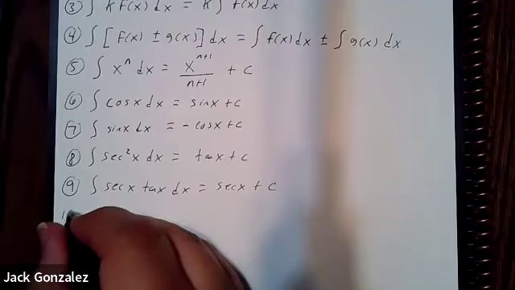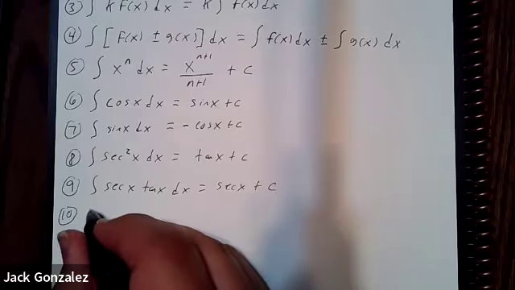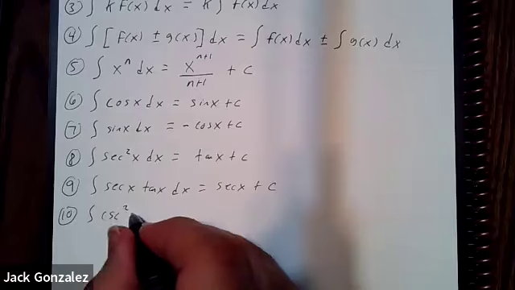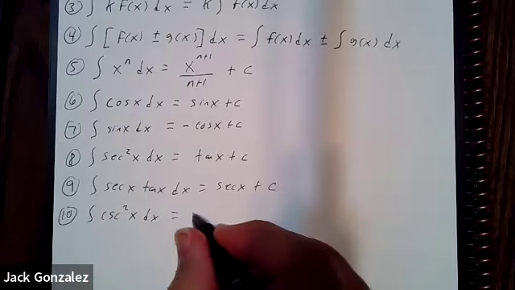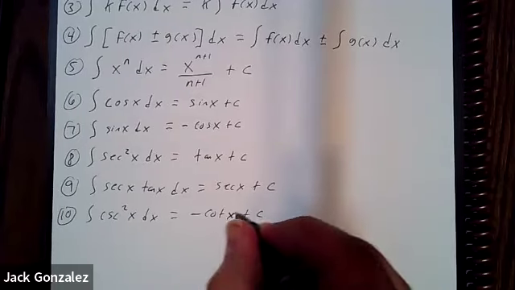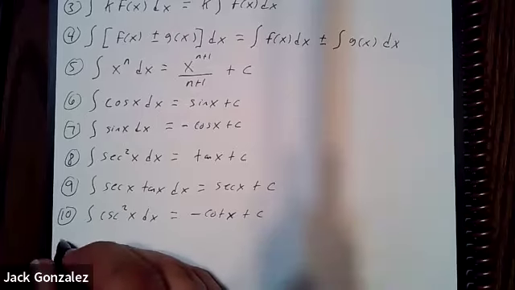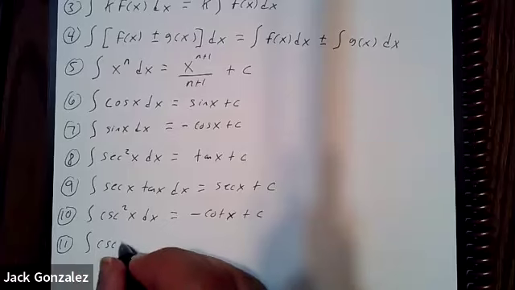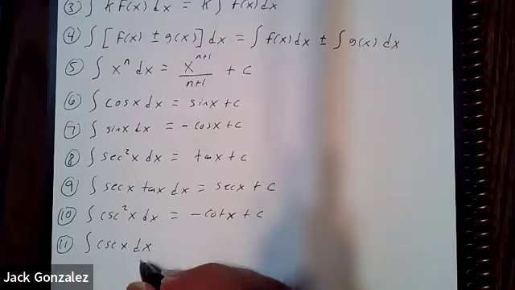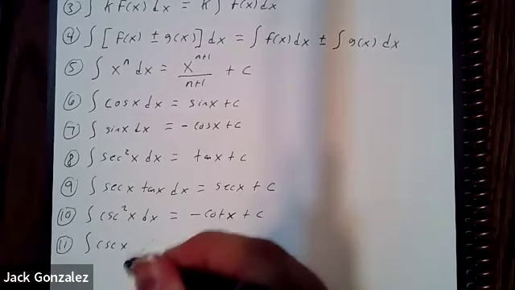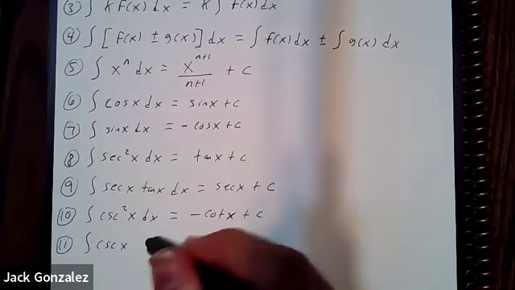Number 10, integral of cosecant squared dx is equal to negative cotangent plus c. 11, integral of cosecant x cotangent x dx. So you can tell I'm reversing all the derivatives, right?